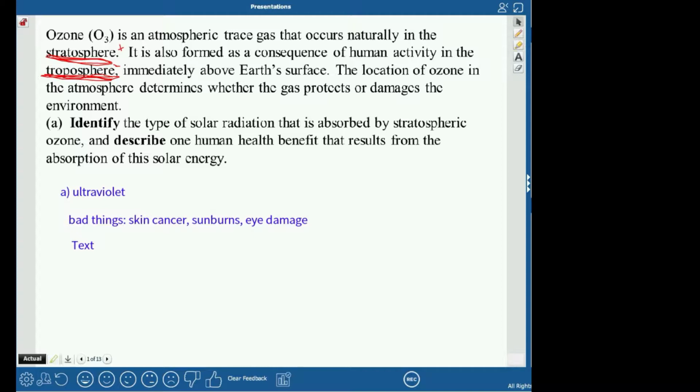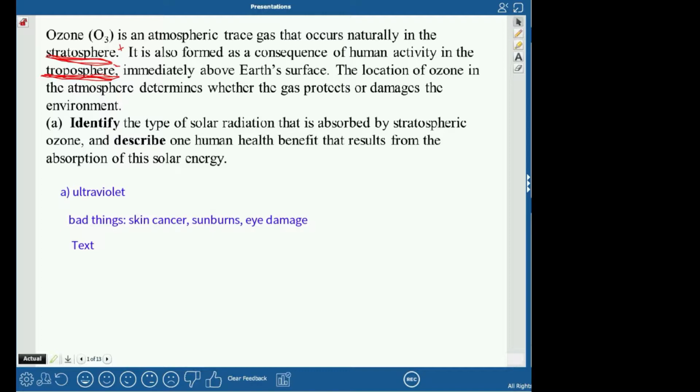So instead of you get skin cancer, you can say lower rates of skin cancer. Or sunburn is something you can get if you are exposed to solar radiation, so you could say less sunburn or a lower rate of sunburn.